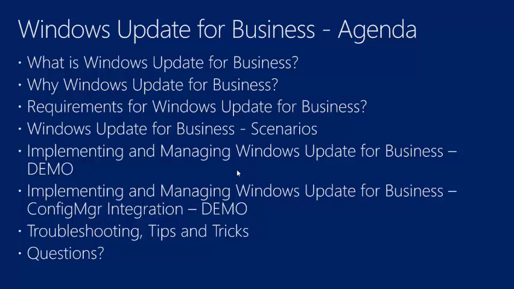This will just be without Config Manager really in the picture, just how the pieces fit together to implement this. And then changing focus to Config Manager integration, implementing and managing Windows Update for Business there. And then we'll wrap up the session with a bit of discussion about troubleshooting, tips and tricks, and so forth for that, right?